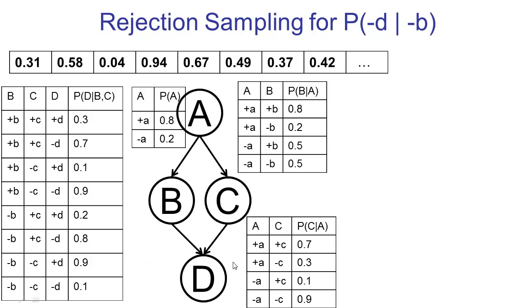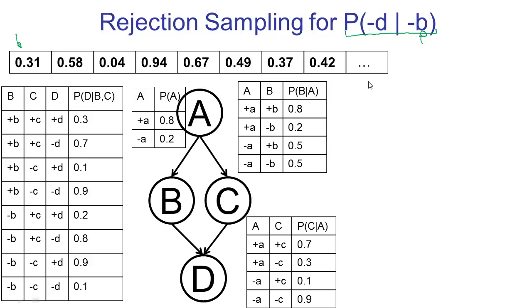Okay, we have a particular query here, the probability of minus d given minus b. We'll again rely on a set of numbers that we generate uniformly at random from the 0-1 interval. Rejection sampling proceeds like forward sampling, prior sampling, just whenever we encounter an evidence variable and we sample it inconsistent with the evidence instantiation in the query, we'll stop working on that sample.